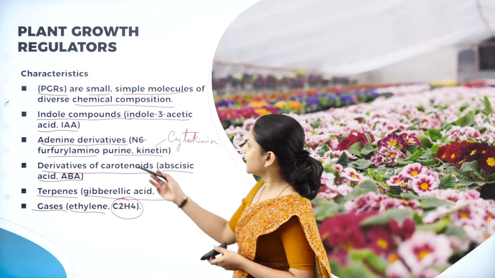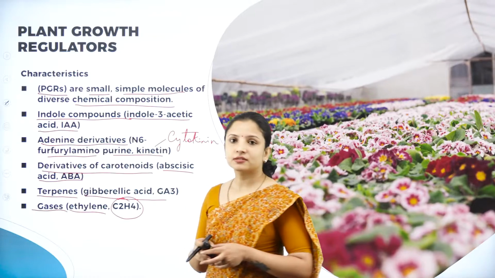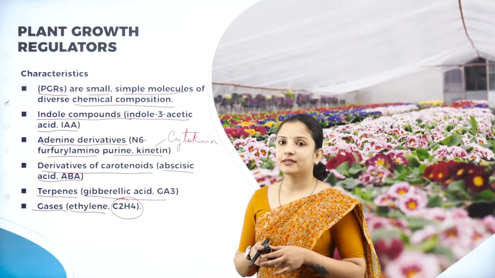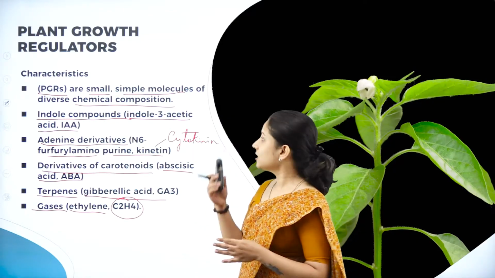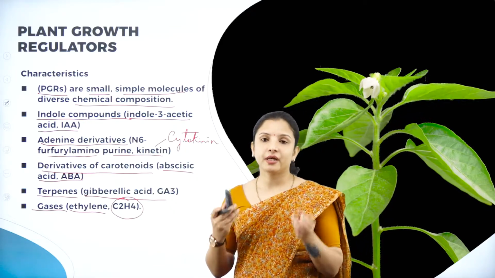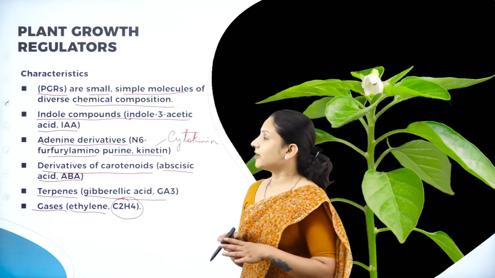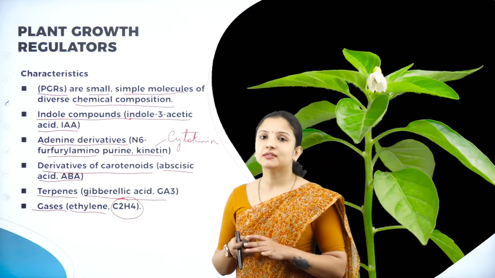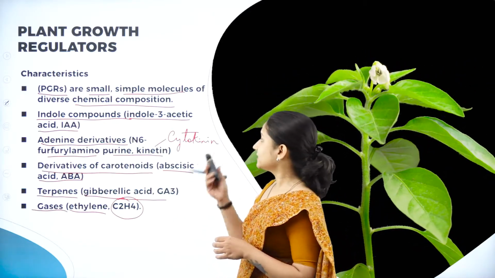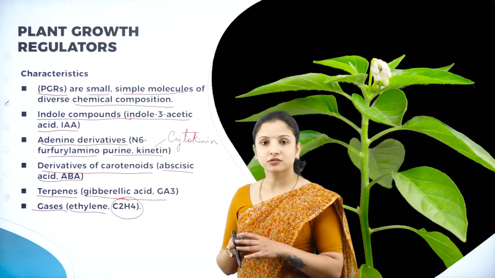So the important characteristics of plant growth regulators are that they are small, simple molecules made up of different types of chemical compositions. They include indole compounds, the best example being indole 3 acetic acid, IAA, which is the auxin.